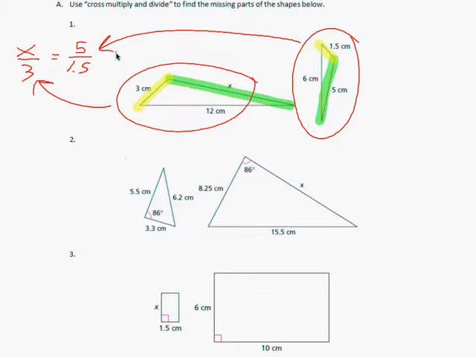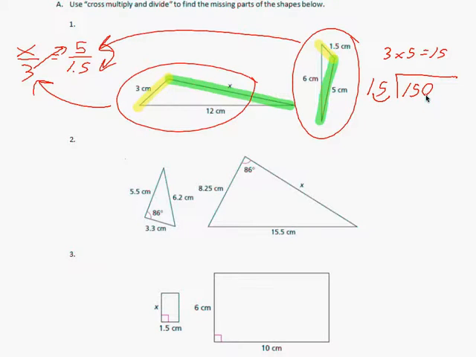Now all I have to do is cross, multiply, and divide. 3 times 5 is 15. Divide by 1.5. When you divide by a decimal, one trick is to move it over and add a 0.